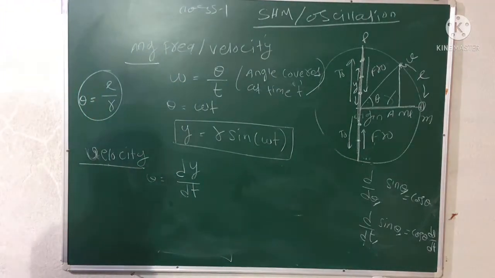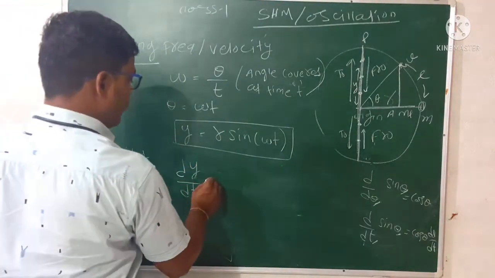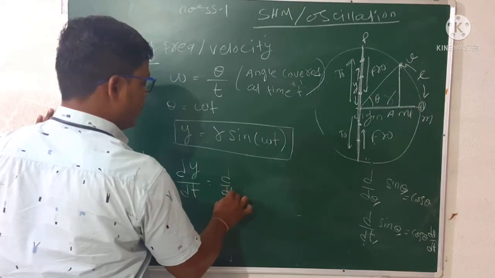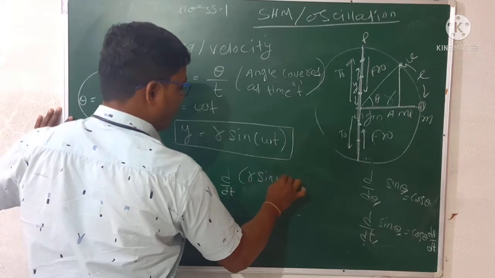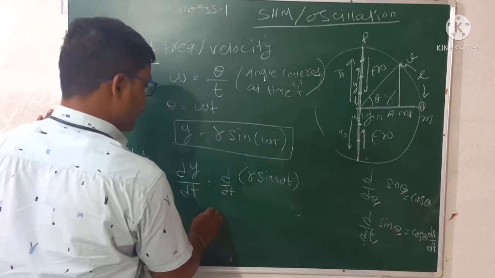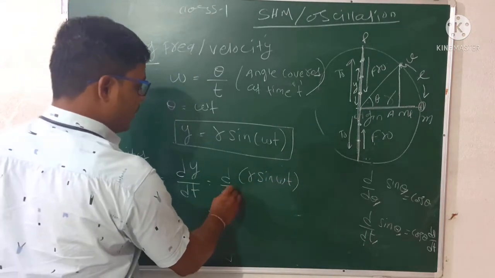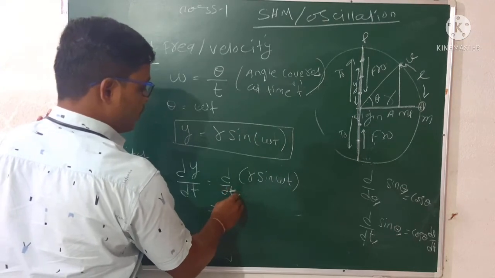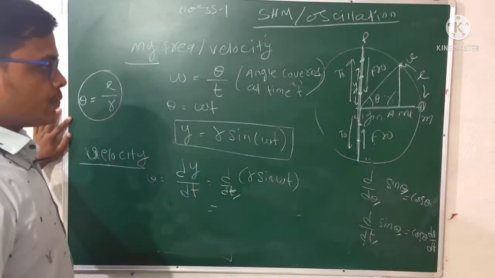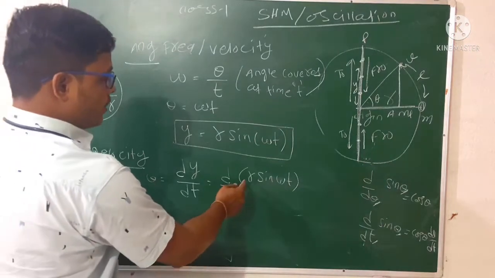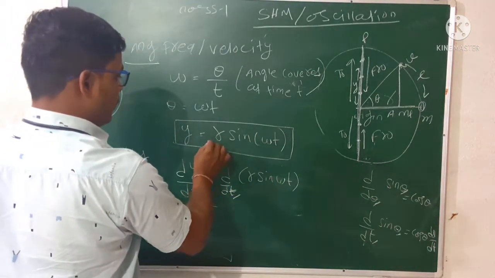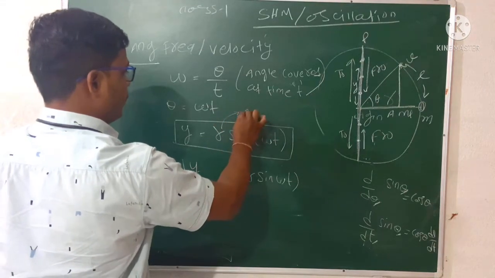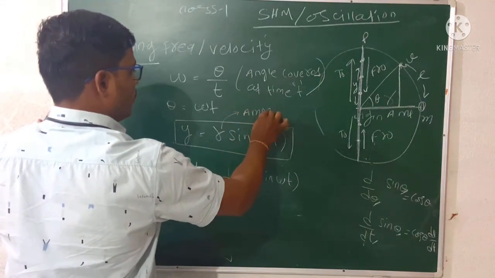Okay. So remember, here also the same thing. The derivative, that is d by dt of y. What is y? y equals r sin omega t. Remember, the derivative is with respect to t. And what is r? r is the amplitude or radius. We can call r the amplitude.